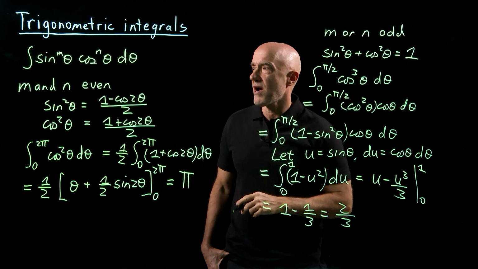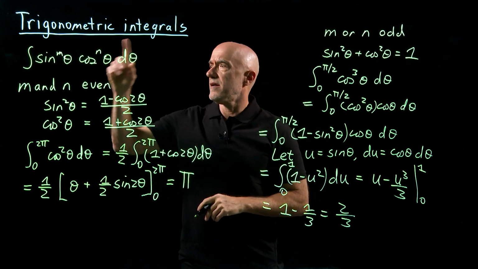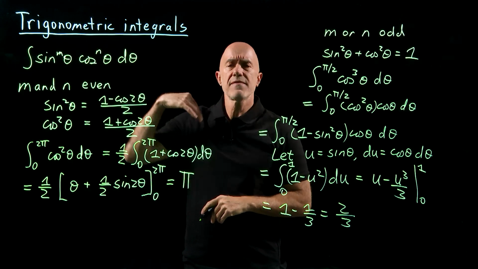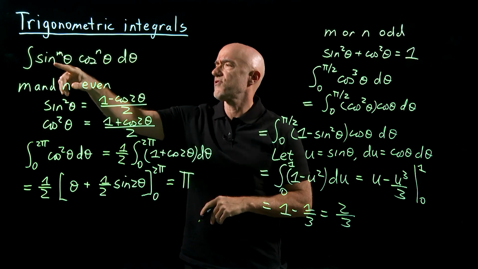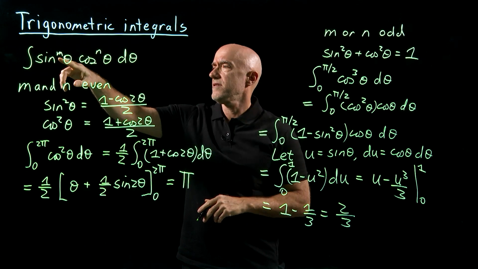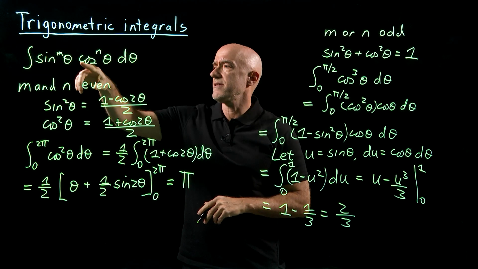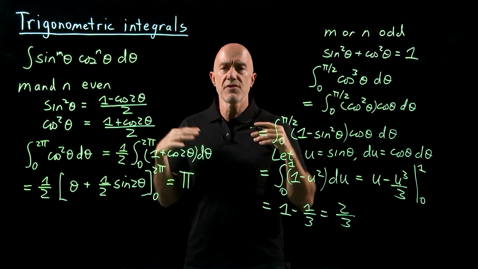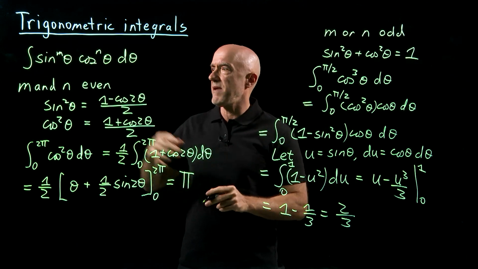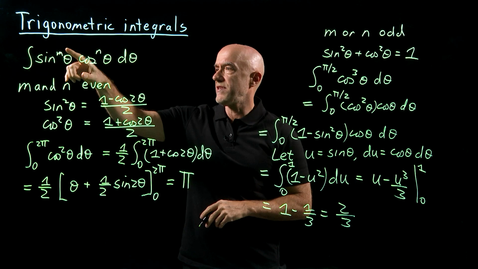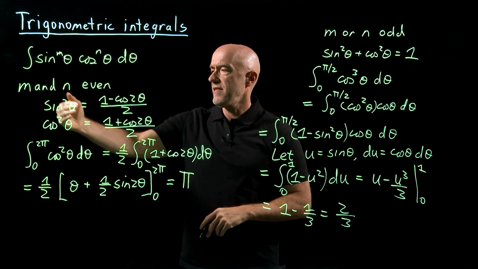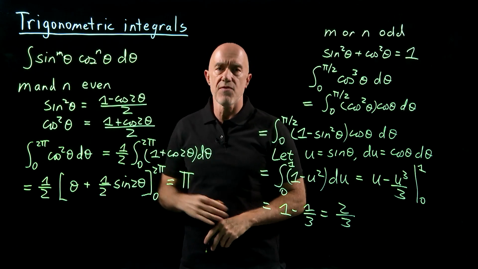So let me summarize. Frequently you might encounter an integral of the form sine to the mth power of theta times cosine to the nth power of theta d theta. There are two methods of integrating this depending on what these integers are. If both of these integers are even, then you can make use of the reduction formula.